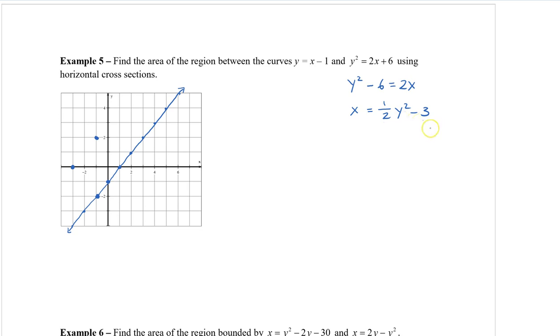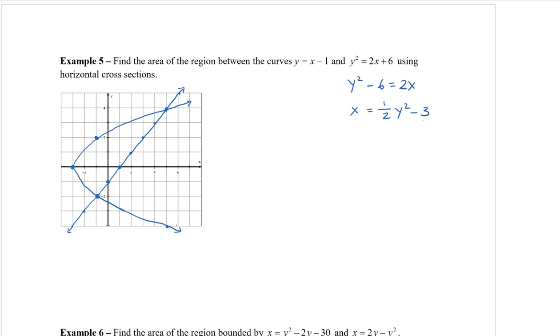And then 8 minus 3 is 5. So I have an x value of 5 and a y of 4, which is there. And knowing that the parabola is symmetrical, I should have a point down here. So I get a parabola that looks like this. Oops, a little bit off there. And the bottom half is like that.